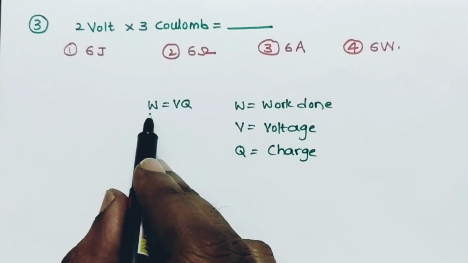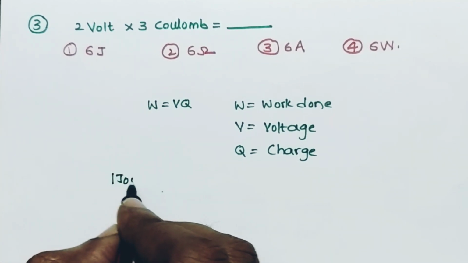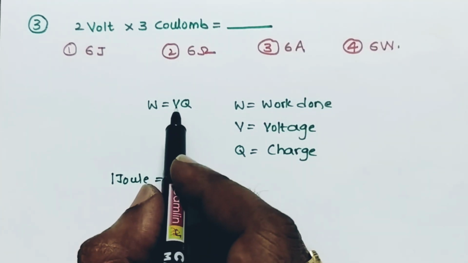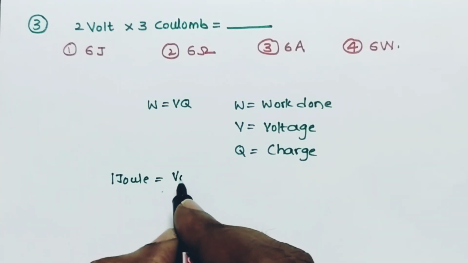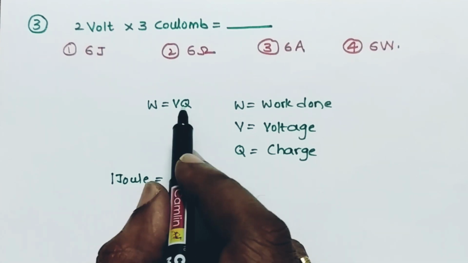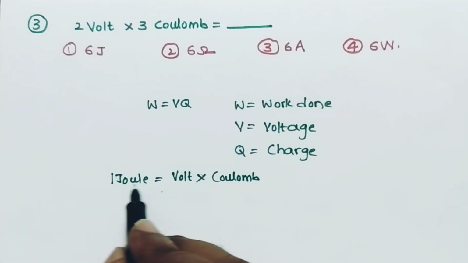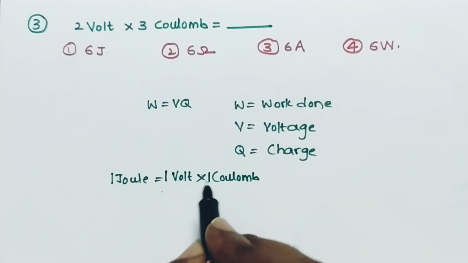So the unit for work is joule. So 1 joule is equal to, unit for voltage is volt, into Q means charge, unit for charge is coulomb. So 1 joule is equal to 1 volt into 1 coulomb.